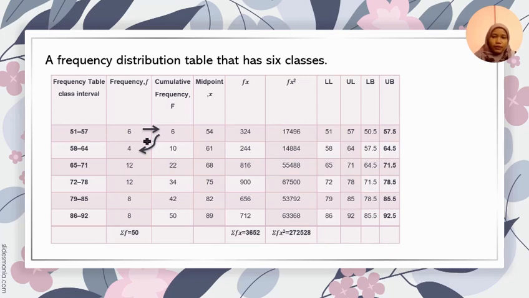After you classify, you need to determine the frequency, cumulative frequency, midpoint, fx, fx power of 2, lower limit, upper limit, lower boundary, and upper boundary, like this table.